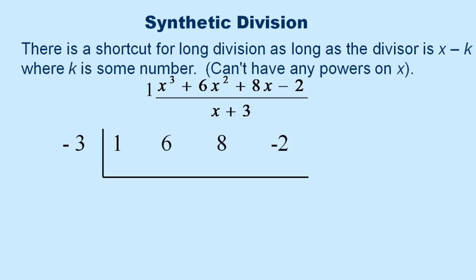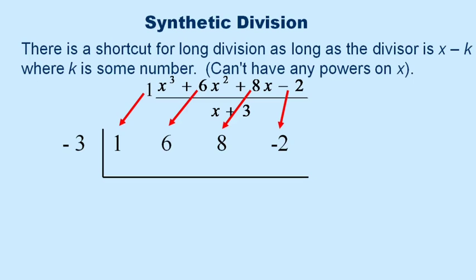So here the coefficients are 1, 6, 8 and minus 2, where the first term is 1x cube, so the coefficient is 1. The second term is 6x square, so its coefficient is 6. Then 8 and minus 2. So these are the coefficients in the dividend, and we will arrange them in this way.